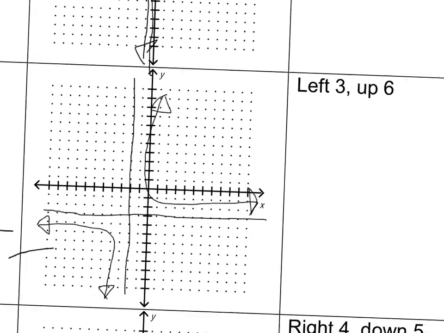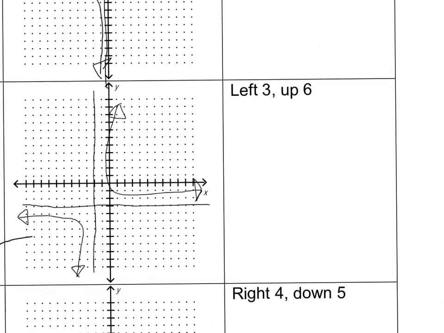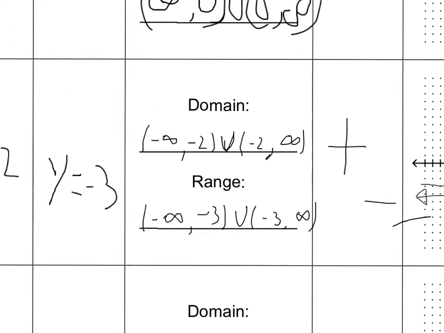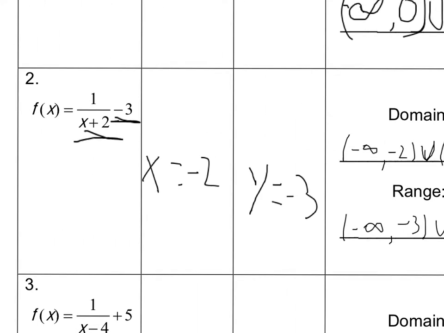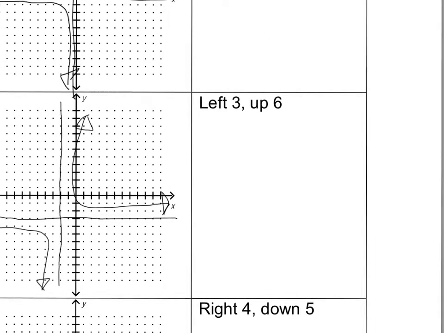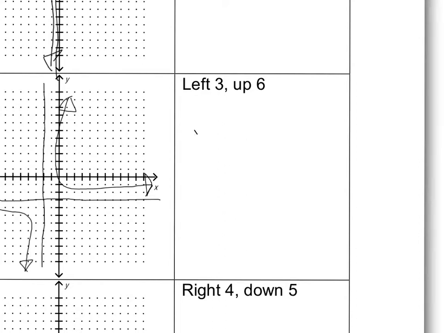Next, we will do our transformation of this asymptote function. So left 3. You start with writing what your function was originally, which is y equals 1 over x plus 2, minus 3.